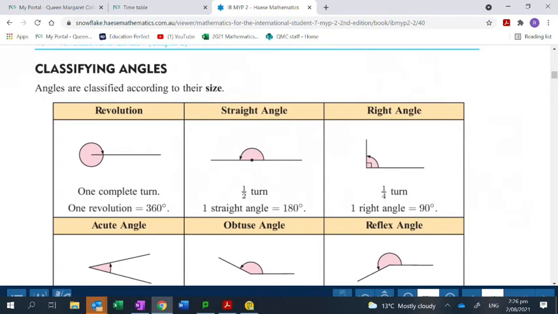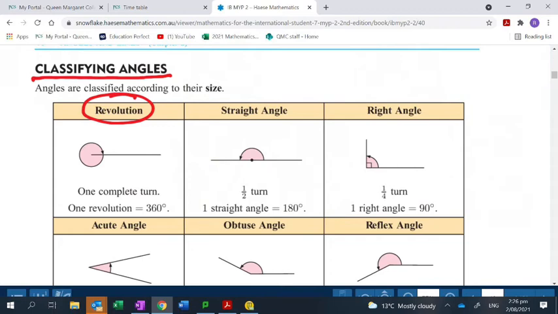Now, let's talk about some classifications of angles. You must know these definitions and know what they mean because you will be asked to draw these on the exam. The first one we're going to talk about is called a revolution. This is classifying angles. It's called a revolution because it starts and stops on the same line.